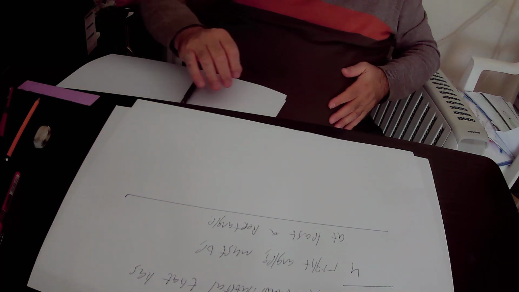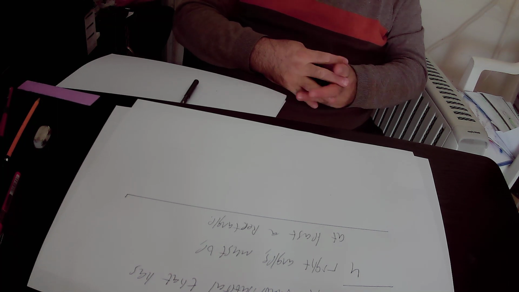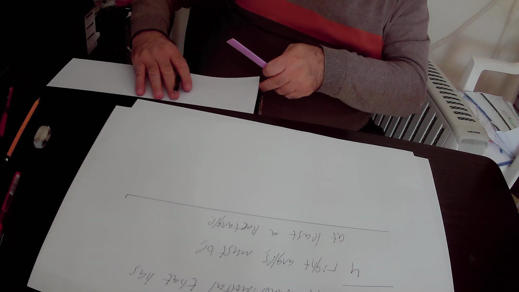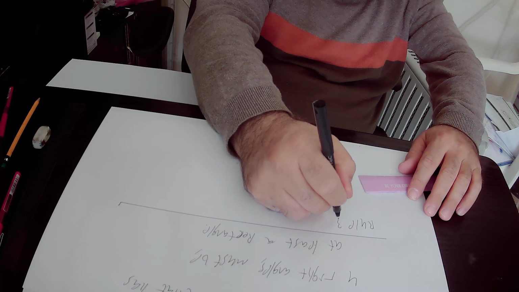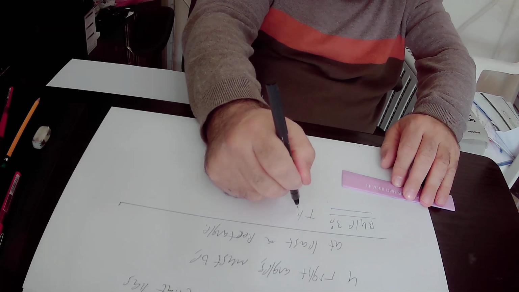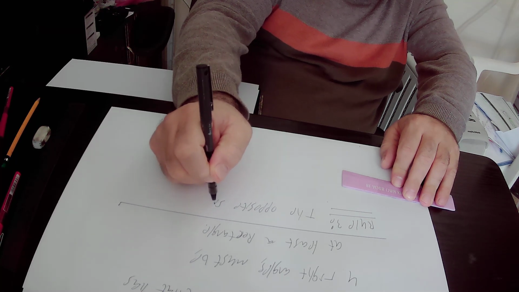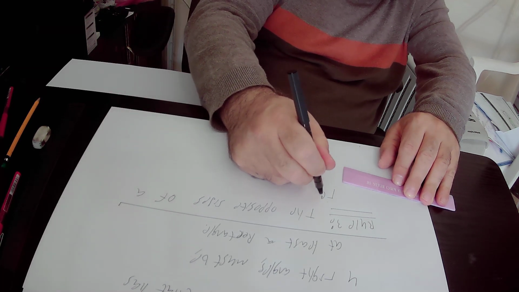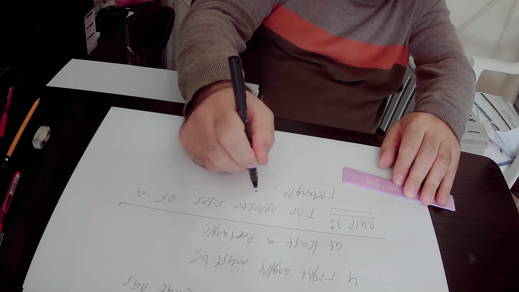Rule number 3 says that the opposite sides of a rectangle are equal to each other.